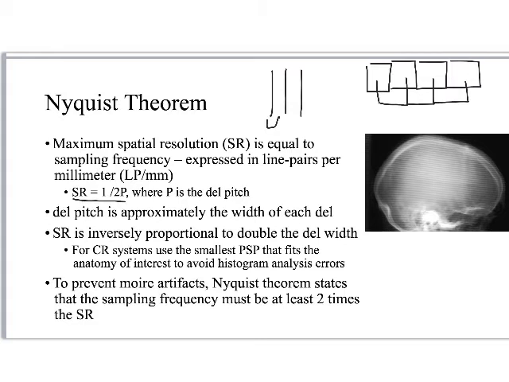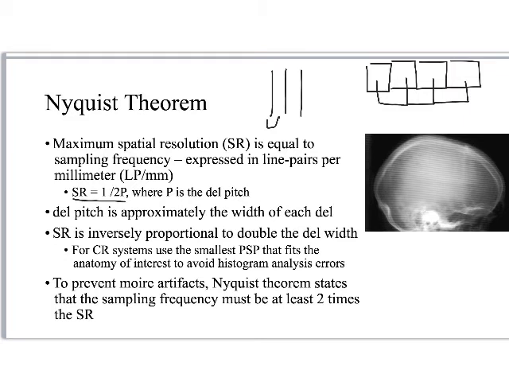So I'm just telling you, from the standpoint of both the Nyquist theorem and also spatial resolution, use a CR cassette that fits the anatomy of interest, and not one that's larger than that, because it is reducing spatial resolution by this formula that I'm talking about.